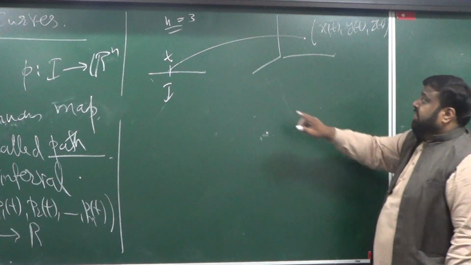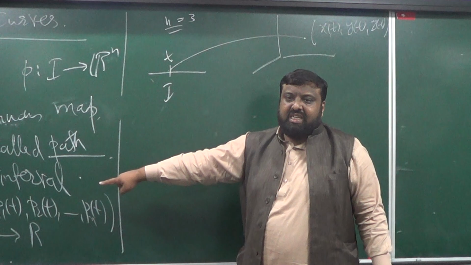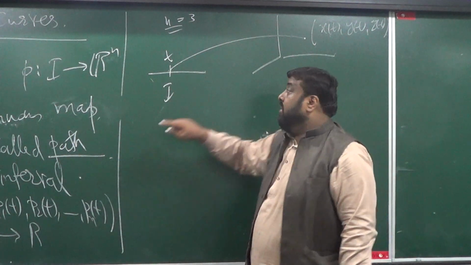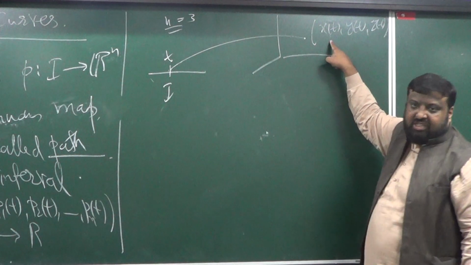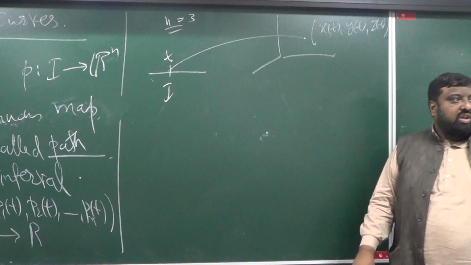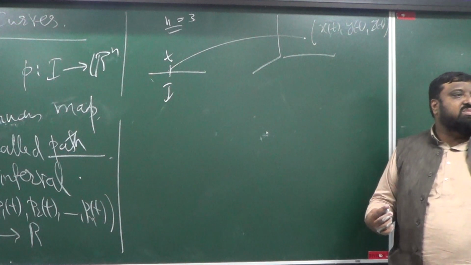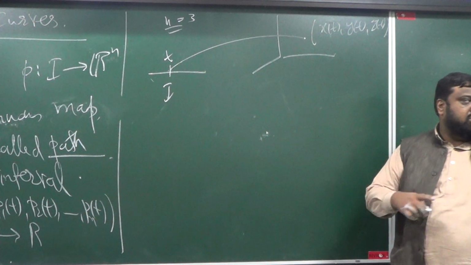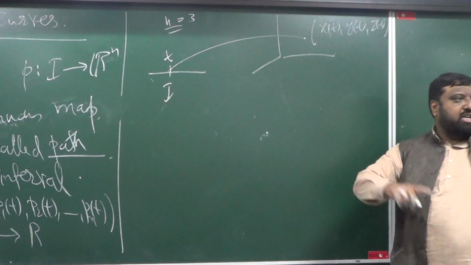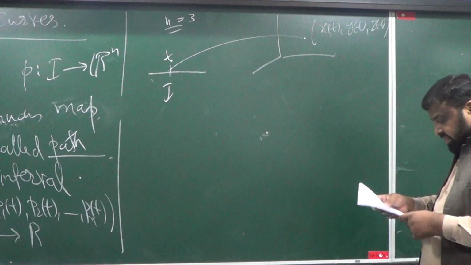If I'm in 3 dimensions, I'm not going to use P1(t), P2(t) and P3(t). I'm going to use this more natural notation of x(t), y(t) and z(t). Now here x(t) is not just a number, but a function in time. So it's a map from I to R. Each of the components is a function.